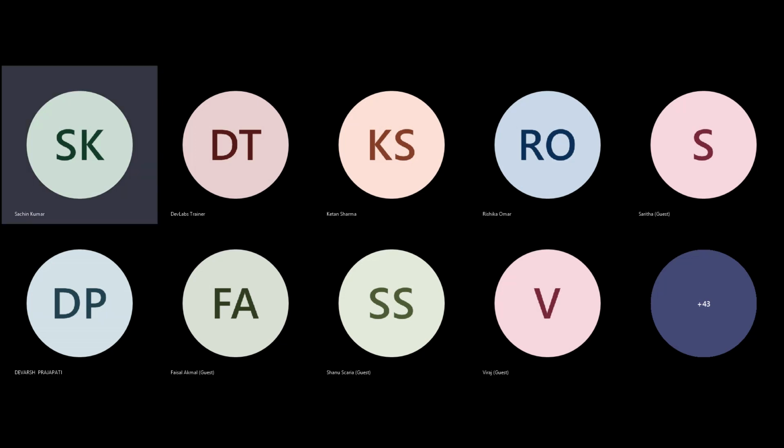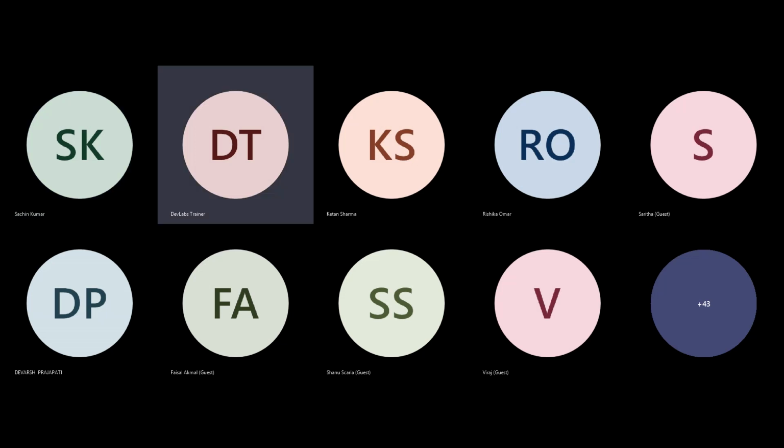How do we run many feature files on the test runner? Rajiv, would you like to answer this question? Yes. What you can do is just give the location of the feature folder. That's it.